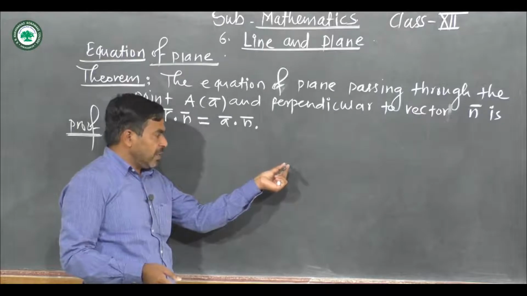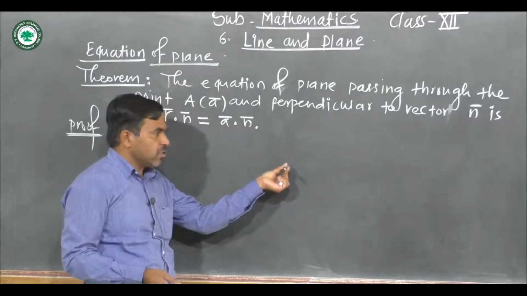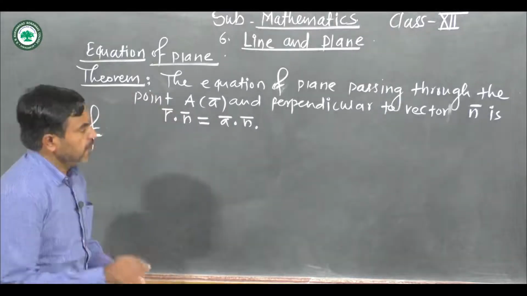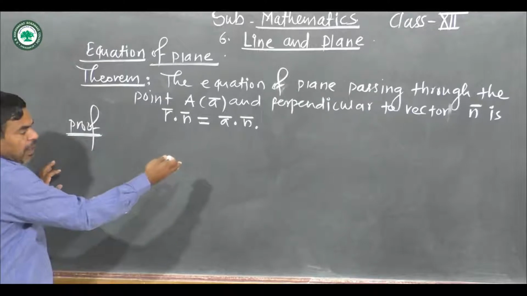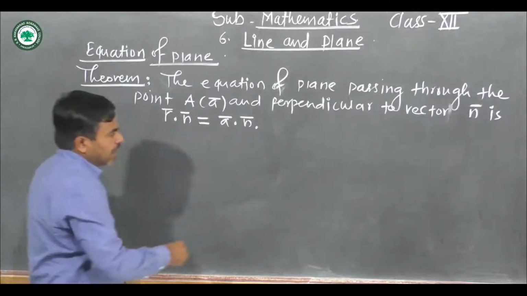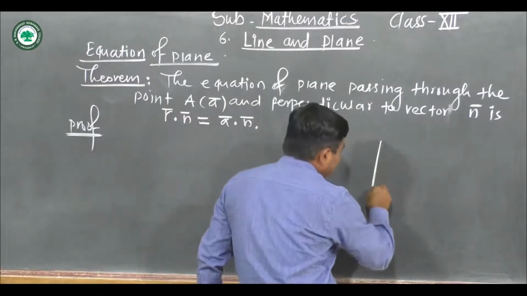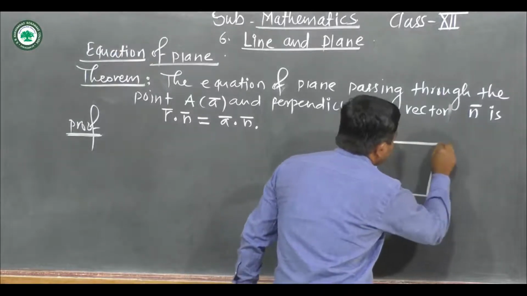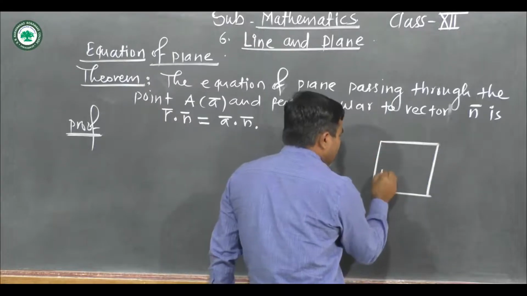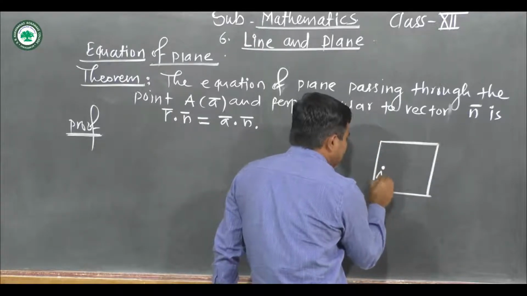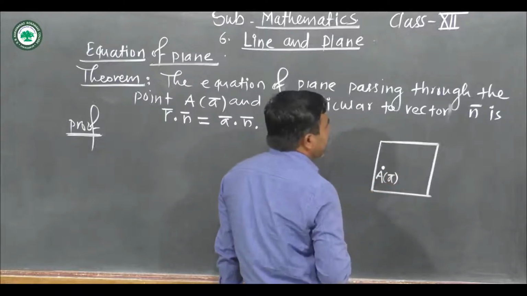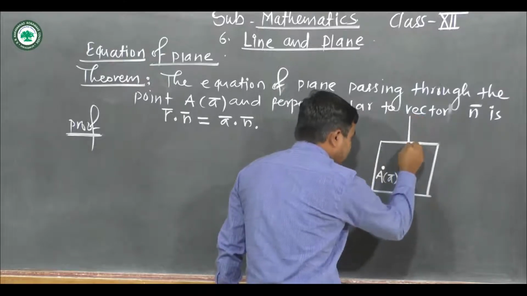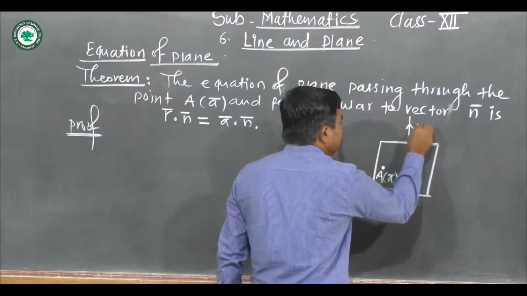So consider the plane passing through the point A with position vector A bar. If this is the plane, it passes through the point with position vector A bar, and to this plane the perpendicular vector is N bar. Means N bar is normal to the plane.